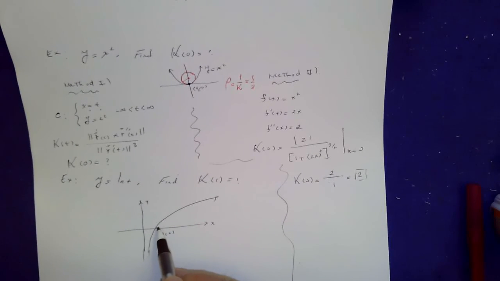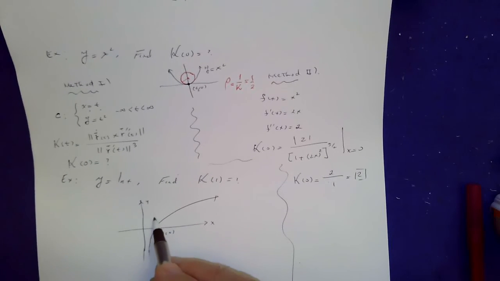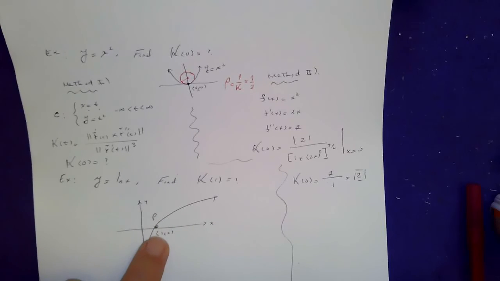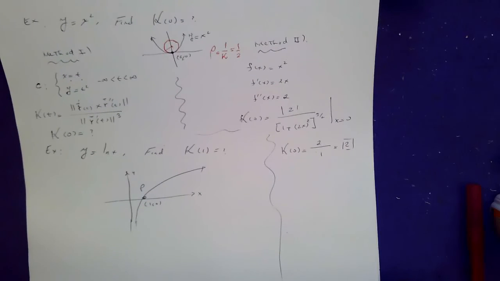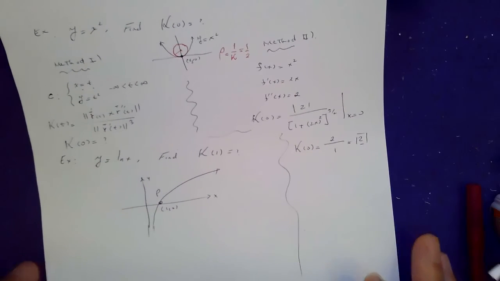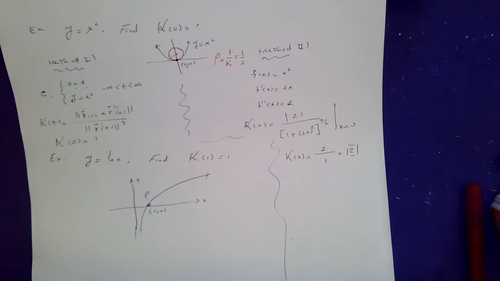I'd like to know how much bend I have at this point. What is the amount of bend of this curve, natural log of x, at 1? So you can parameterize this if your heart desires. The way you would parameterize this is as follows.